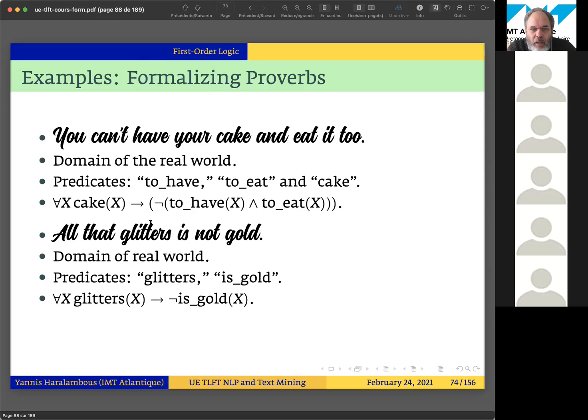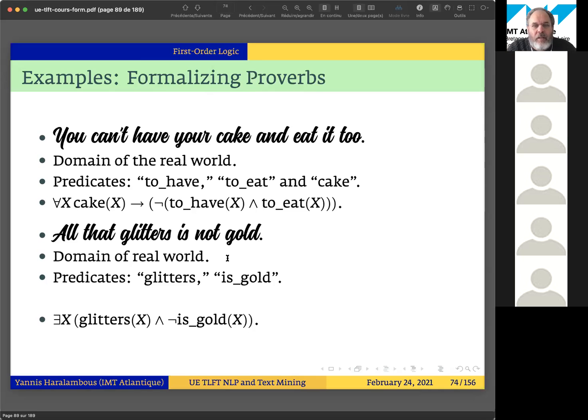So what we really want to say is there exists an x which glitters and is not gold. Here is one possible interpretation of this sentence. I think it's a correct interpretation. Maybe the sentence has more meaning, which I haven't given, so it's maybe a partial interpretation, but at least I think it's a correct one.